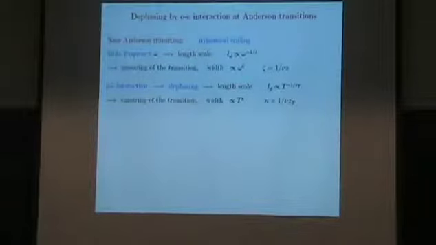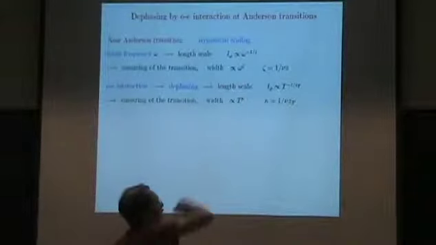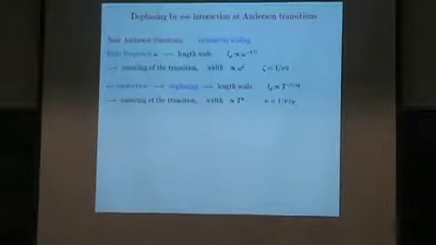So what does the dephasing do near an Anderson transition? It produces a finite length scale, the dephasing length, that scales as temperature to a certain power, z, which is some dynamic exponent, and this length determines the smearing of the transition.